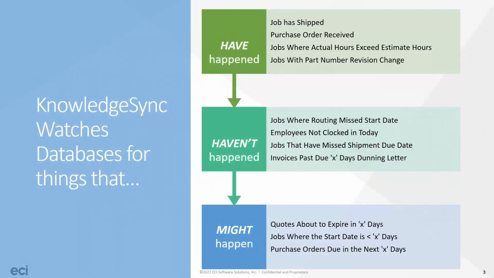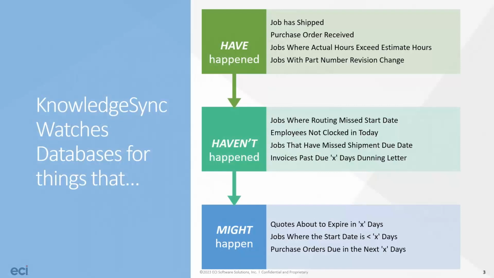Or let's take it a little bit further and talk about things that might happen that you want to be alerted of. You might get an order if you follow up on quotes that are about to expire. Or you might be able to find out if purchase orders are going to be late if you ask a couple days ahead of time and they let you know that they're not going to be on time.